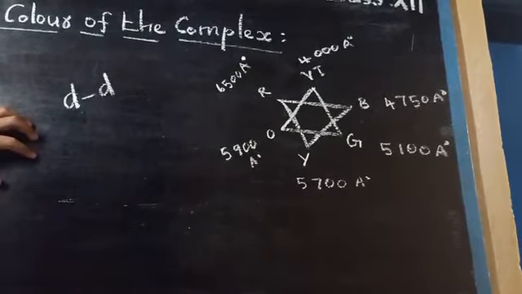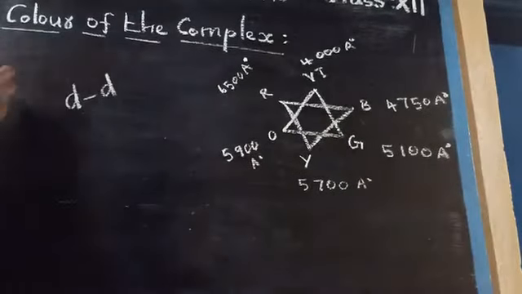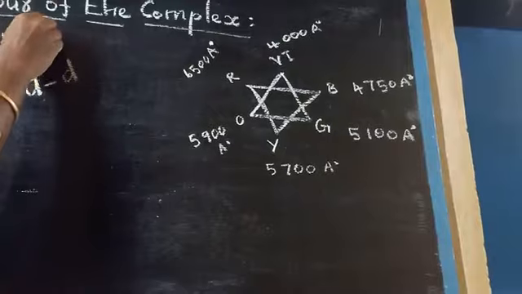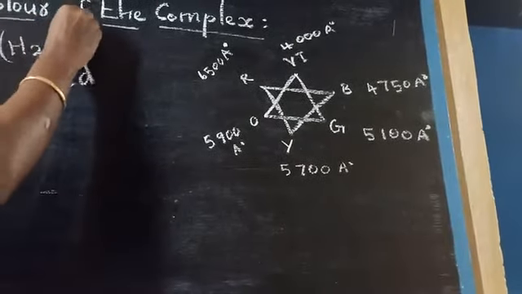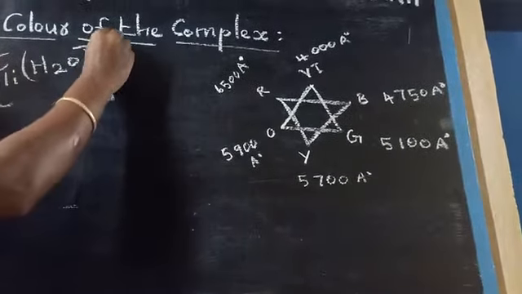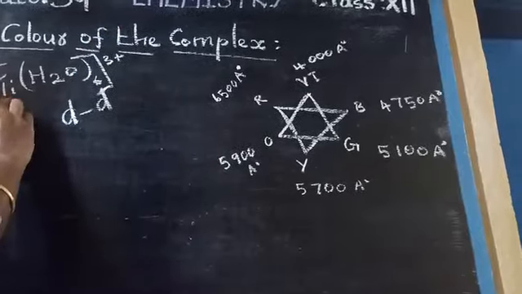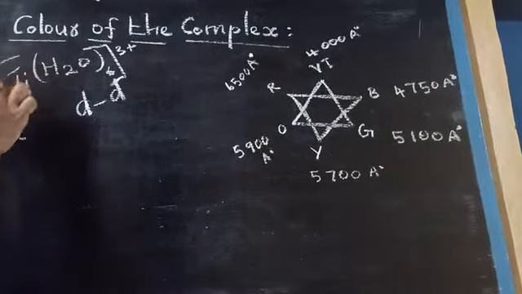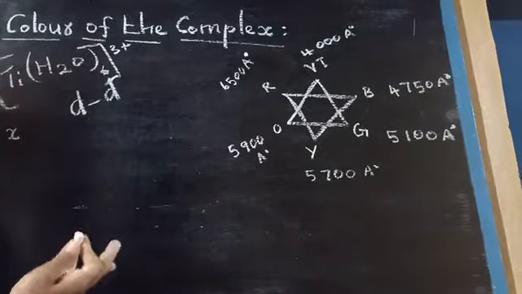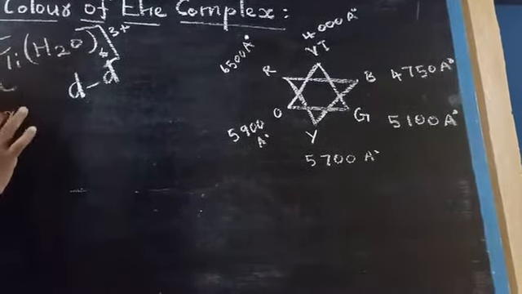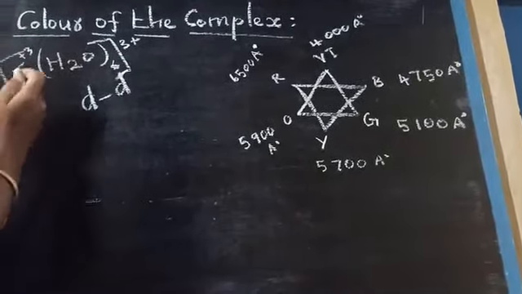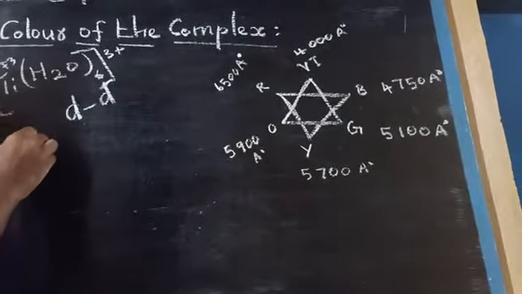Are you clear, children? Now writing the example, titanium [Ti(H2O)6]3+. First, find the oxidation state of titanium. X plus 6 times 0, because the water molecule is a neutral ligand, so X is equal to 3 plus. What is the atomic number of titanium?